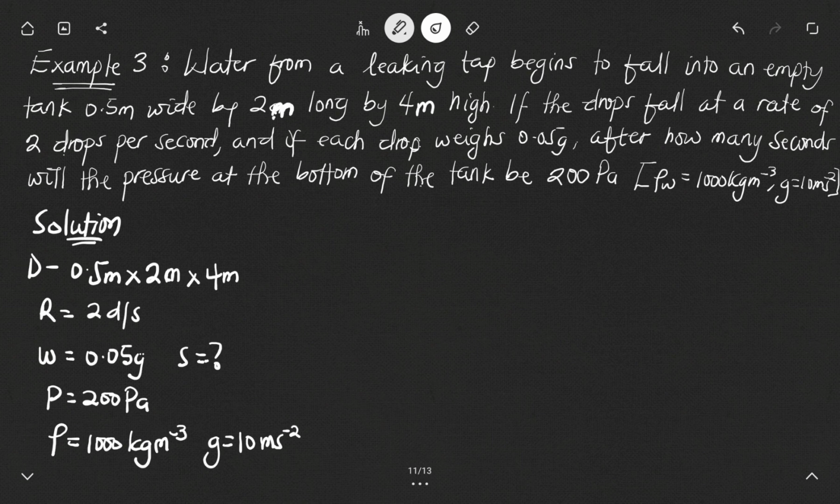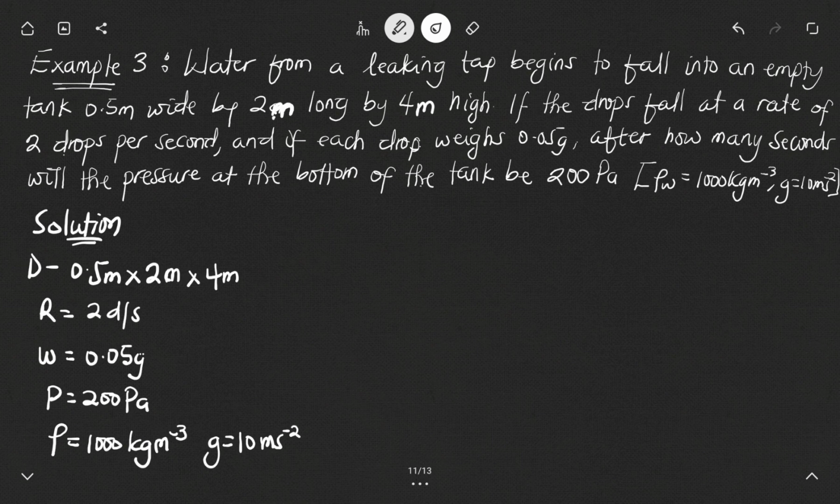Now the first thing I would like to do before I tackle the question is to first of all convert my weight from gram to kilogram, or change all the units. I've already corrected the fact that the units are all in meters, not centimeters. That was an error when I was writing the question.